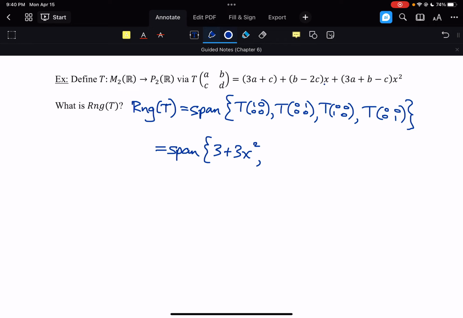So that's 0, 1x plus 1x squared. For this one, C is 1, everything else is 0. So that's 1 minus 2x minus x squared. And for this one, D is 1, everything else is 0. So that one is just 0.